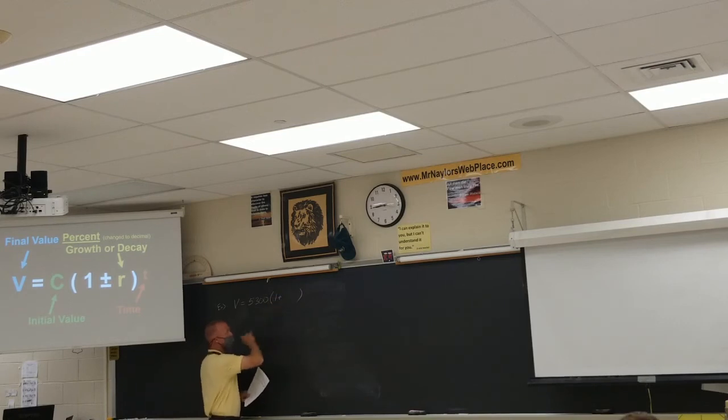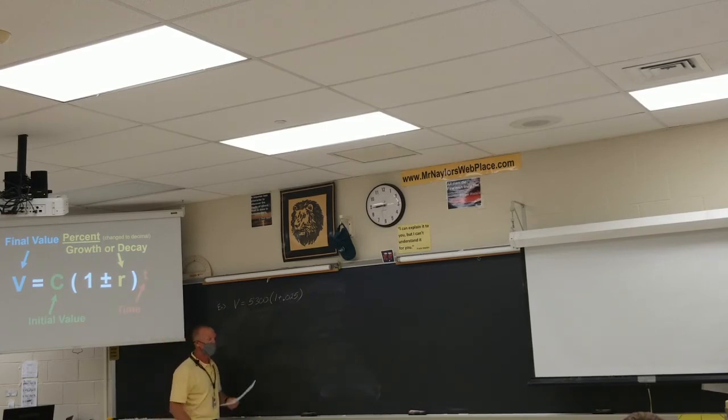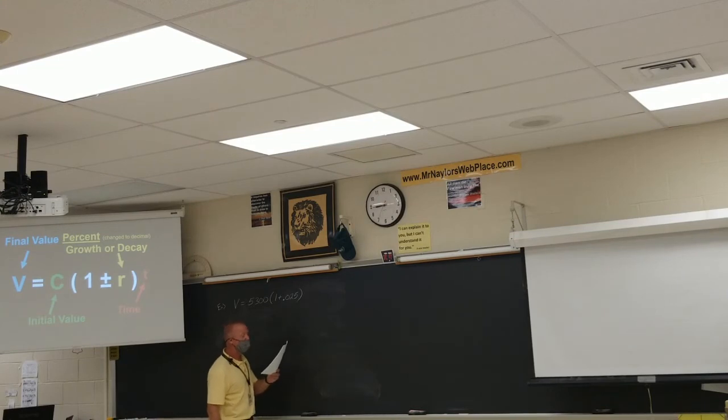In this case, the population is growing, so certainly choose a plus. Now, 2.5%, if you change that to a decimal, it's 0.025. Be careful about that. Remember, you always move the decimal 2 places. And then, if we're going to project the enrollment for 2027, that would have to be 6 years from now.